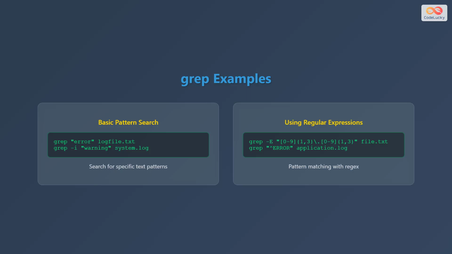In the second example, for using regular expressions, the command grep with a pattern of digit ranges, like [0-9]{1,3}, in file.txt searches for patterns that look like numbers, specifically sequences like an IP address, in the file.txt. The command grep with a caret before error, application.log searches for lines that start with error in application.log.